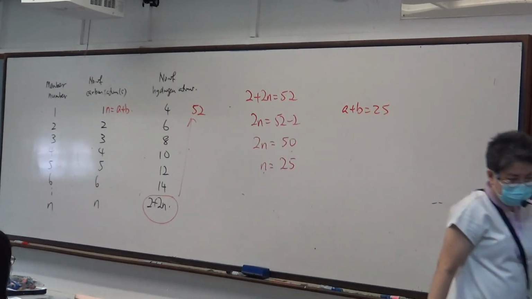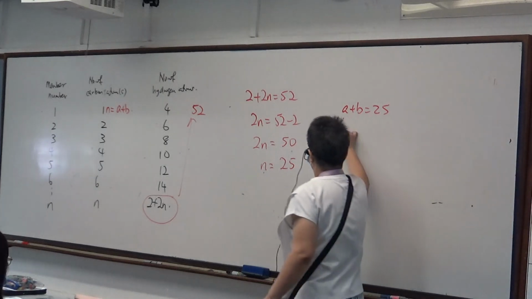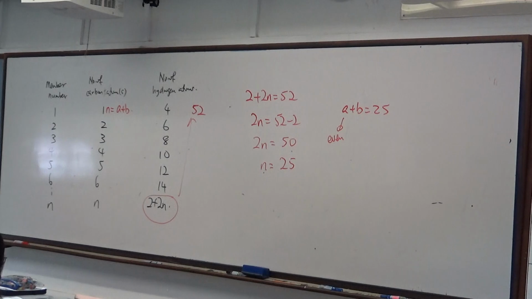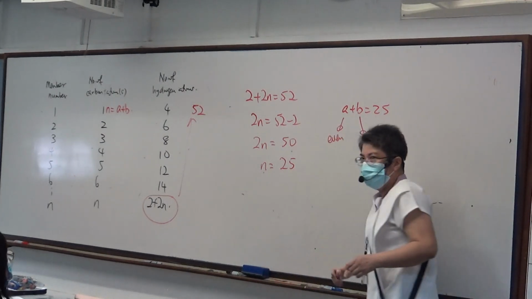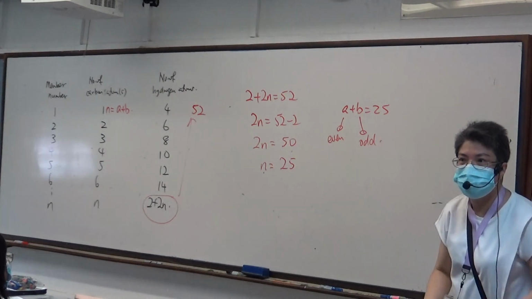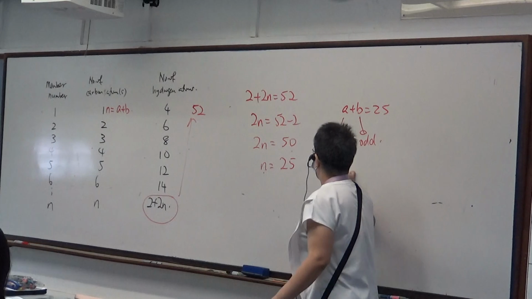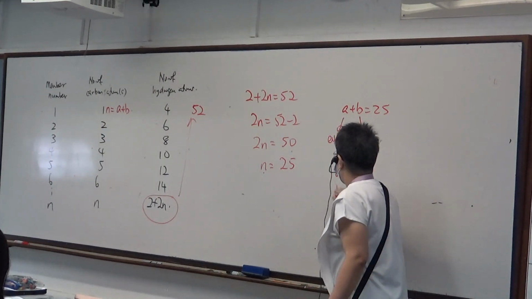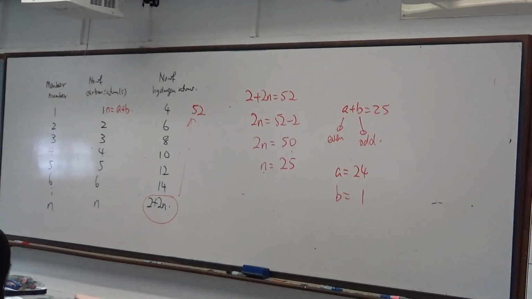They give you a condition. They say that A is an even number. And what about B? B is an odd number. Now, do you agree that I have a variety of combinations? What is one possible one? Can you tell me? A is what? Okay, 24. And B is 1. That's one set of combination, right?